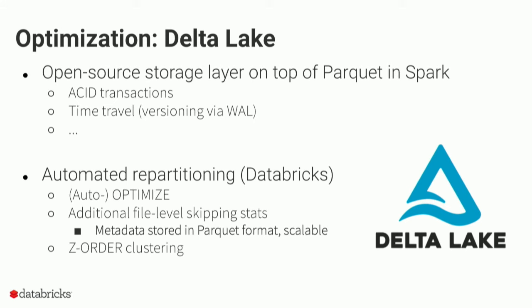What bucketing does is it buckets multiple files based on a hash of column values, so that you end up with a group of rows that have similar column values, but it's not based on distinct column values.